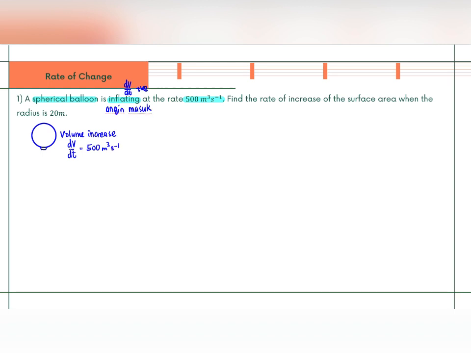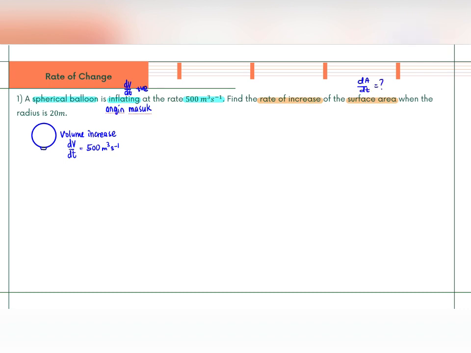Okay, so kenapa saya buat over dt? Sebab unit kita kat sini adalah volume over second. Okay, and then find the rate of increase. Okay, soalan minta rate of increase of the surface area. So dia minta kita cari dA over dt.